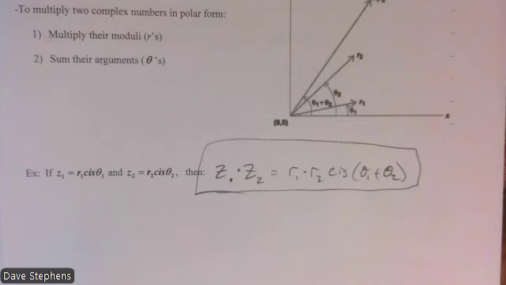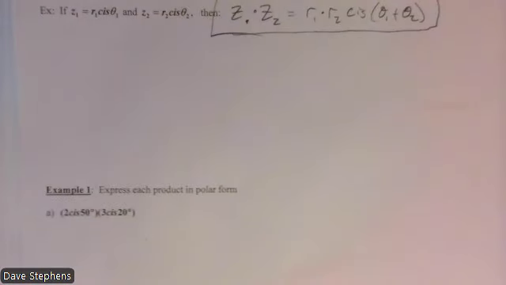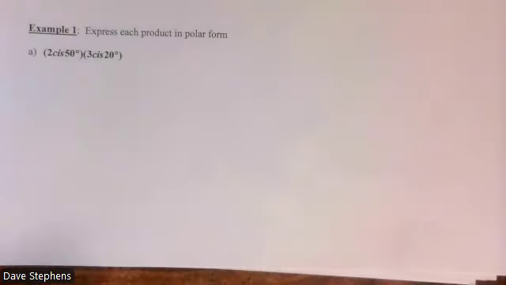I think it might be really good to look at this in terms of rectangular and polar. Let's see what's polar. Oh yeah, it's going to get us there. Okay, sweet. So let's just follow the form. Express each product in polar form.